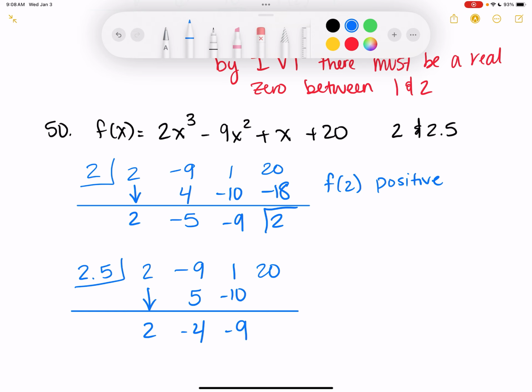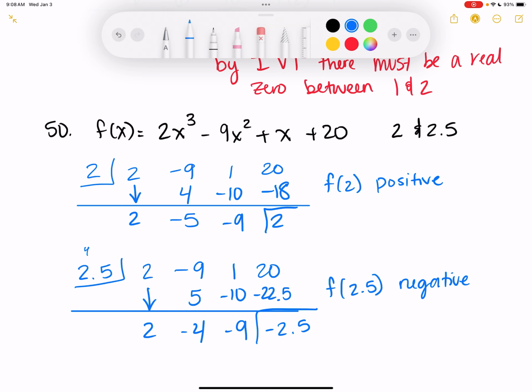Now it's not going to be a nice even number. -9 times 2.5 is -22.5. Plus 20, so that's going to be -2.5. It's kind of funny that it ended up being the exact same number. F of 2.5 is negative.